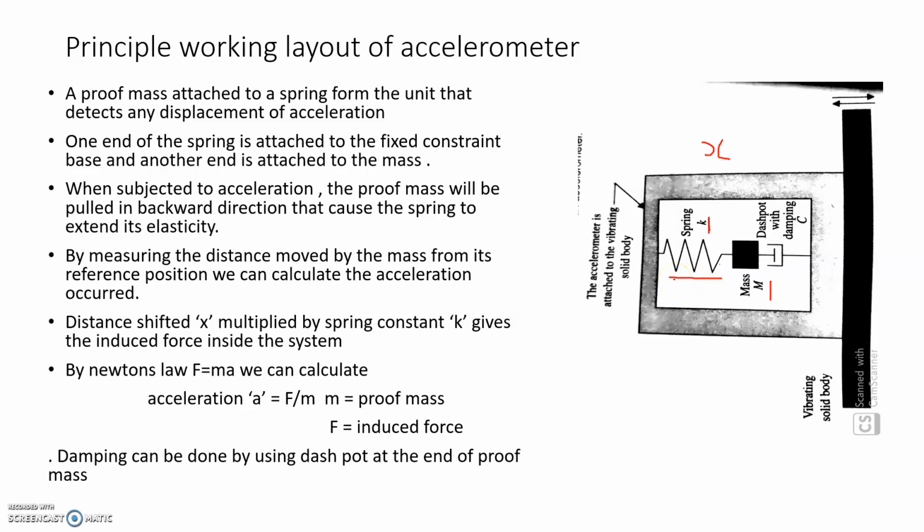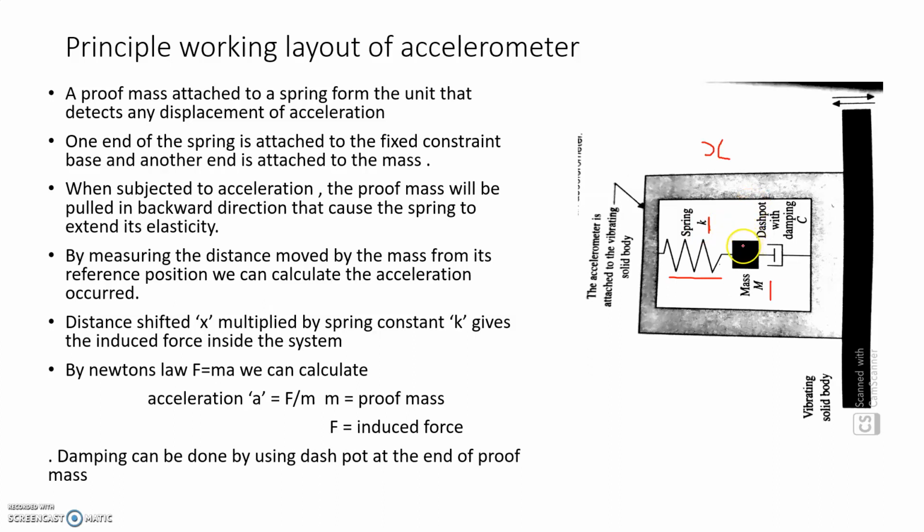This spring has the property of elasticity, which means that when the body to which this accelerometer is attached moves in either a positive or negative direction, it will deform the structure of the spring. And when the object is suddenly stopped, the spring will automatically return to its original state. That is why we consider the spring constant for measuring the acceleration.